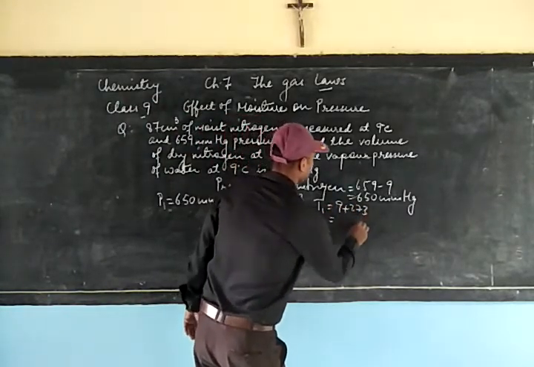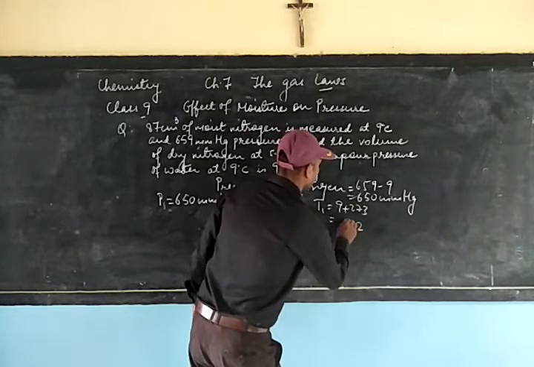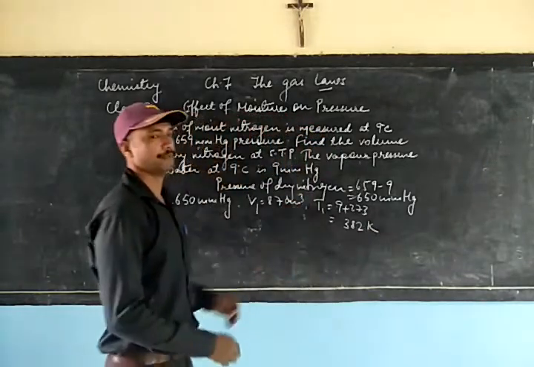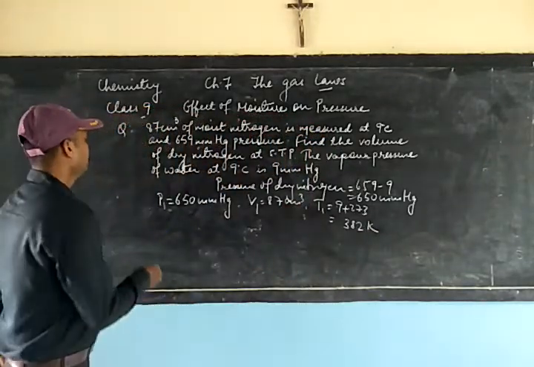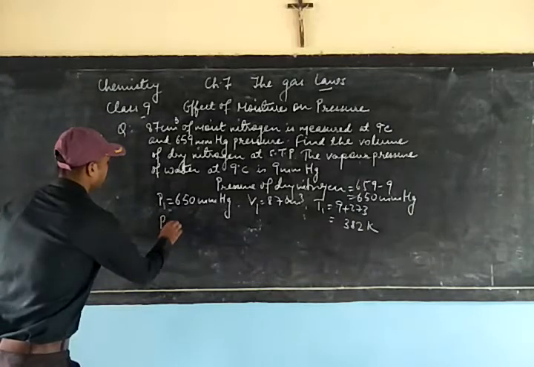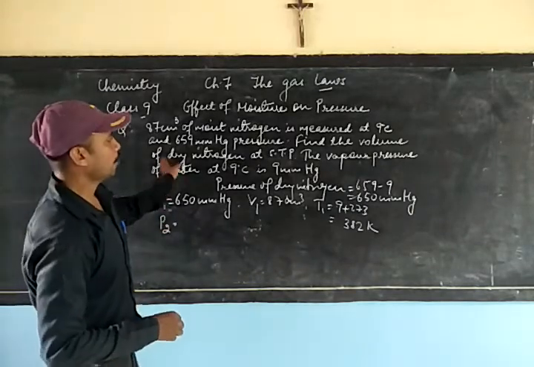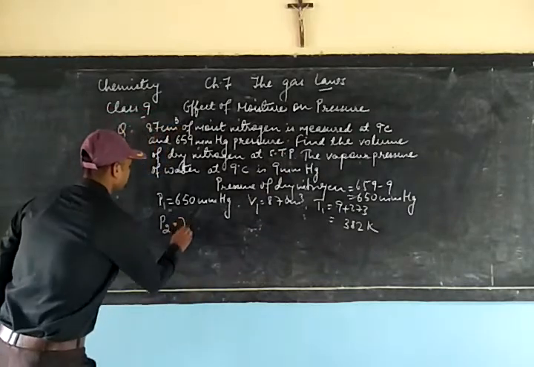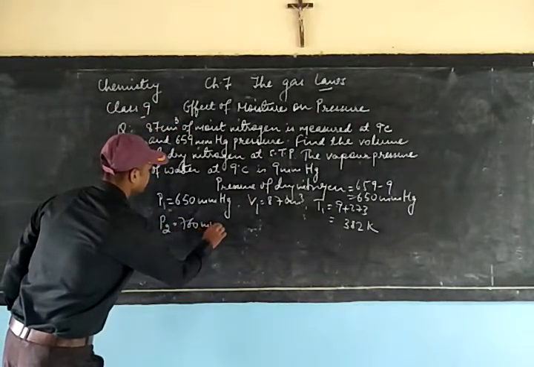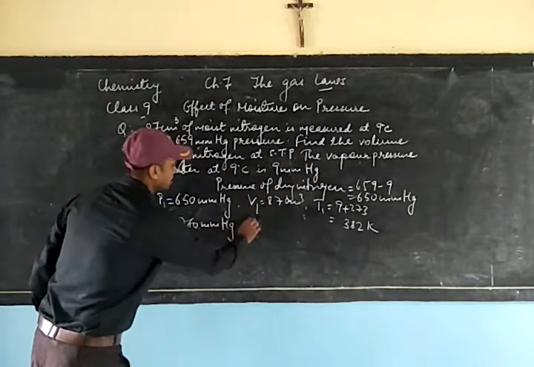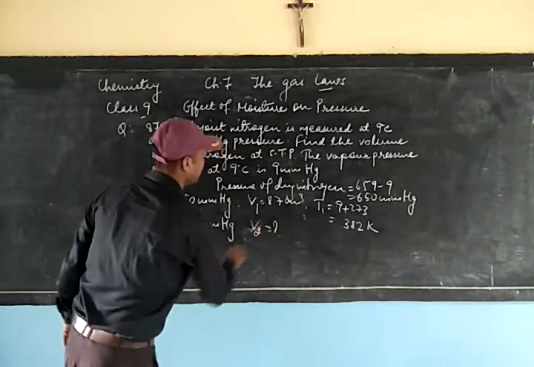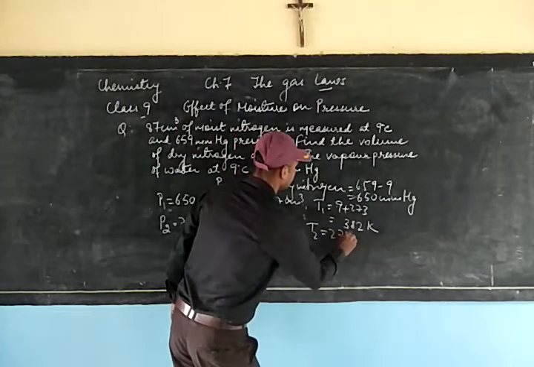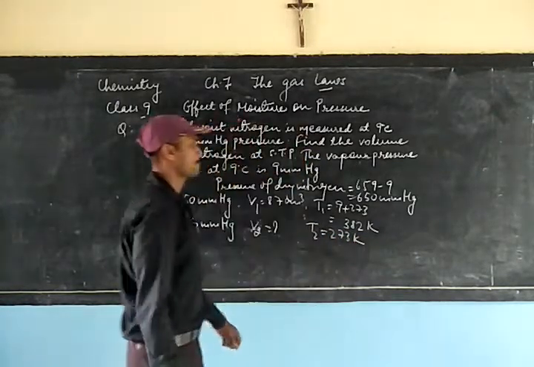It will be 282 Kelvin. We have converted this temperature in Kelvin. And second, you have to find out the volume at STP, and STP, you know, pressure is 760 millimeter mercury. You have to find out the volume at STP, and temperature at STP is 273 Kelvin.